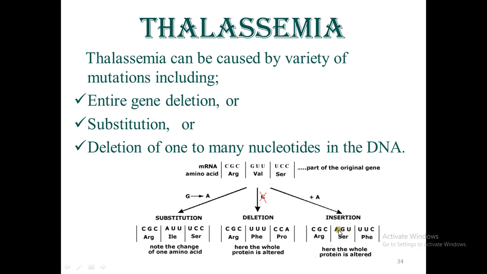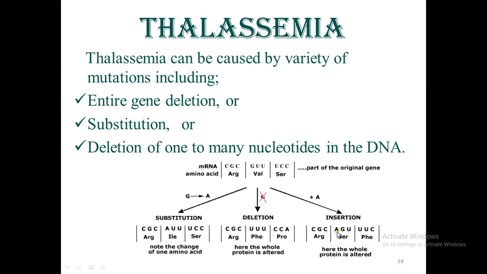So the A has been inserted, AGU, and this codes for serine. So the next U has gone ahead. Instead of UCC, now it has become UUC, which is coding for phenylalanine. So here also the whole protein has become altered by the insertion of one single nucleotide.